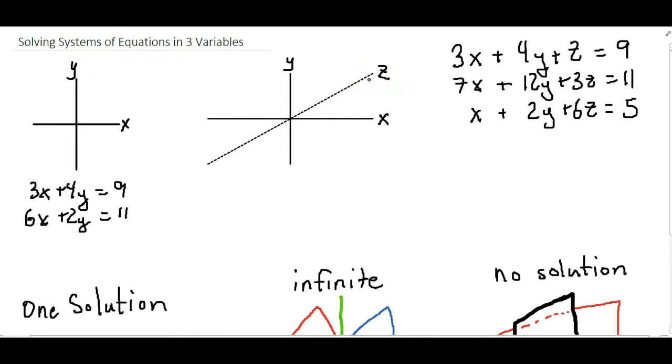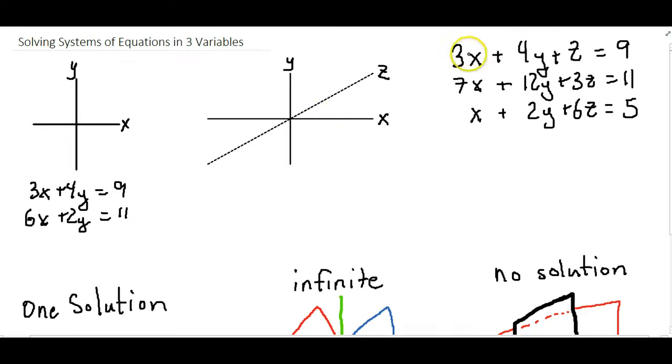So this time we have our vertical y-axis, we have our horizontal x-axis, and on the page it looks like we have a diagonal axis of z, which is basically coming out from the page towards you.